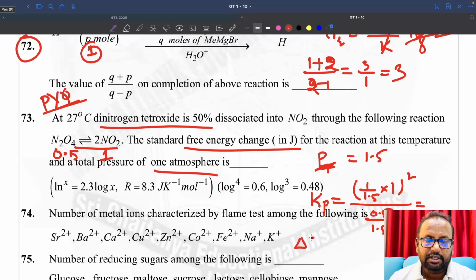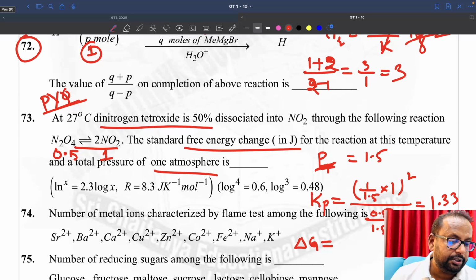So del G equals, on solving this, I calculated this one. So this turns out to be how much? This turns out to be 1.33. Is it 1.33 or 2.33? It's 1.33.